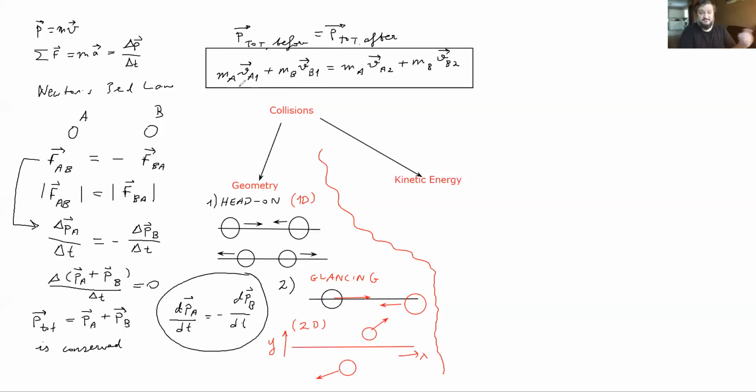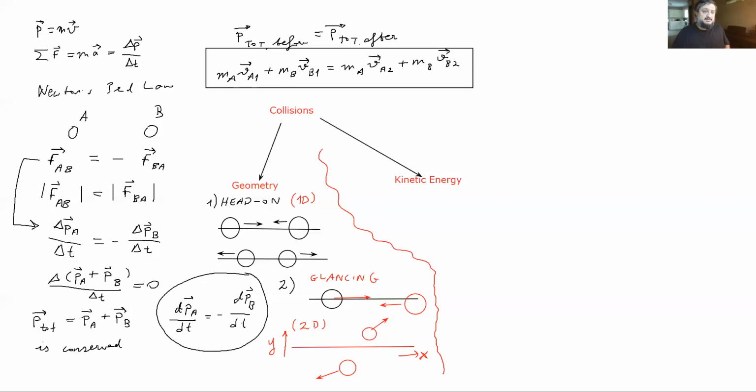If they're to the left, they're negative. That's it. But for the glancing collision, this is a compact form. It really means two equations, one along the x direction and one along the y direction. Keep in mind that there will be two equations to work with in the 2D problem. And that's based on geometry only.